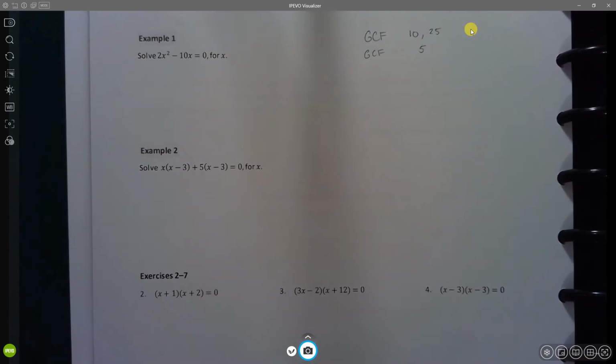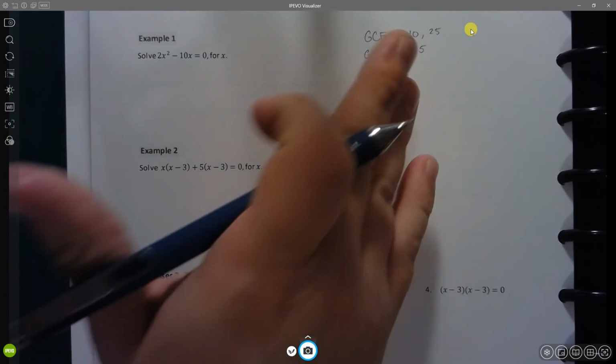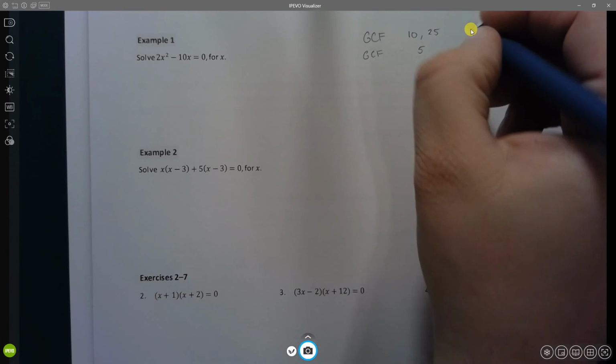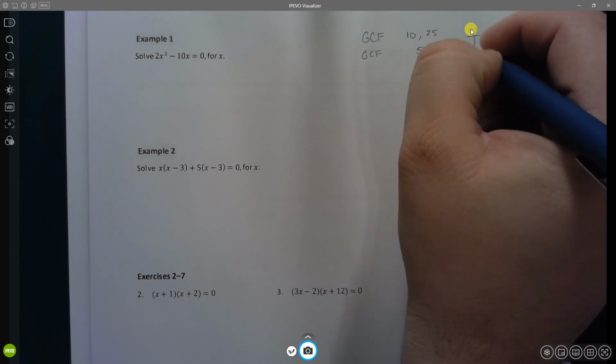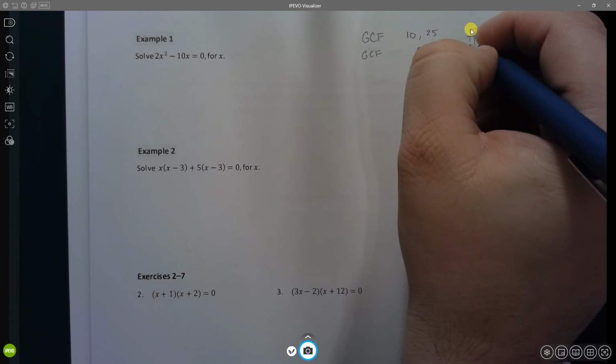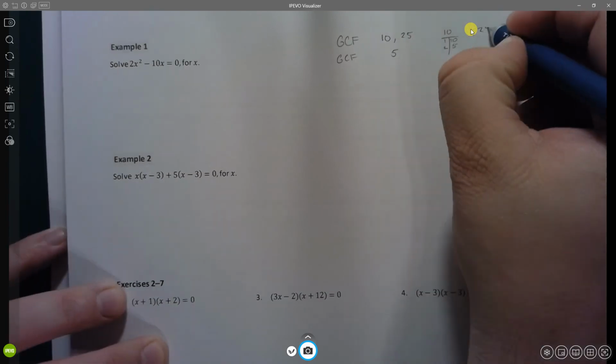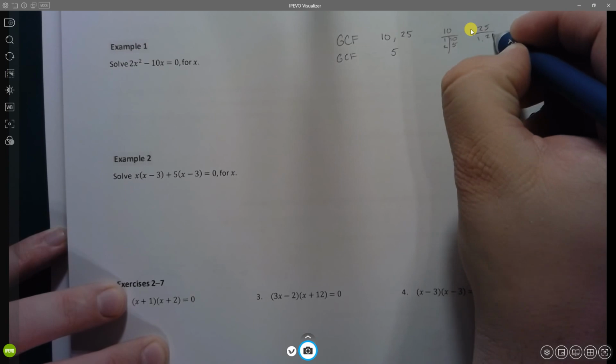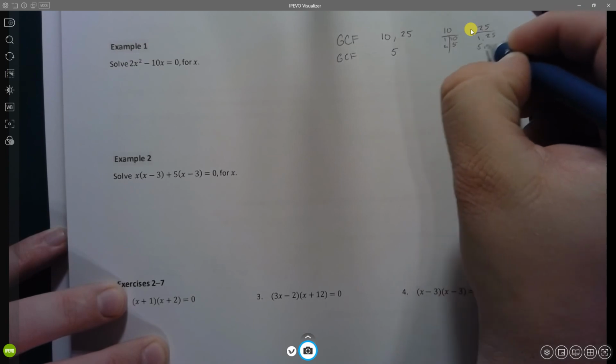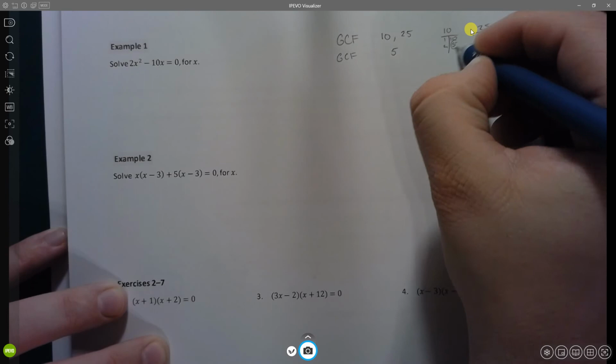Because if you remember, the factors of 10 are 1 and 10, 2 and 5, whereas 25 has 1 and 25, and 5 and 5. 5 is the greatest common factor.